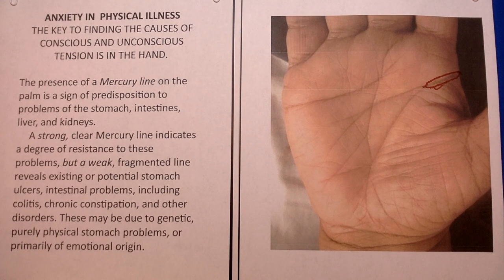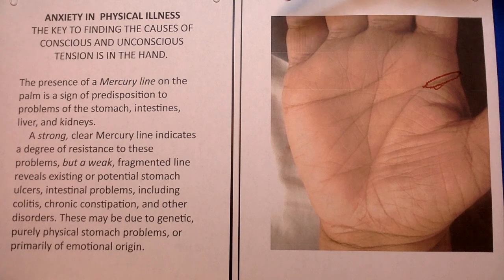Anxiety in physical illness: the key to finding the causes of conscious and unconscious tension is in the hand. I always said that the secrets are in your hand. Discover these secrets. So little by little, we're learning about these secrets.